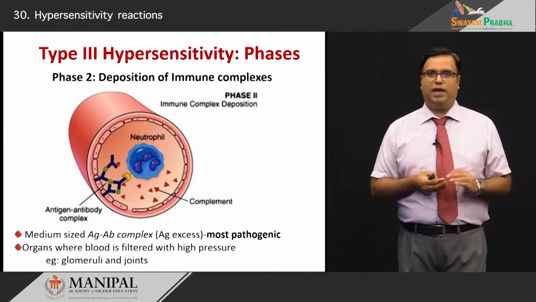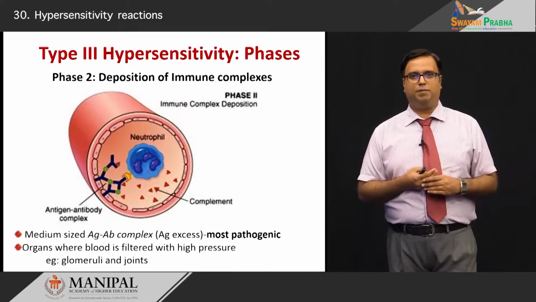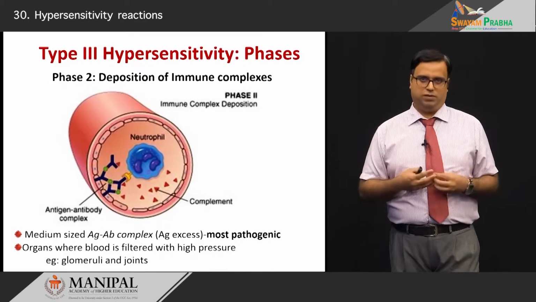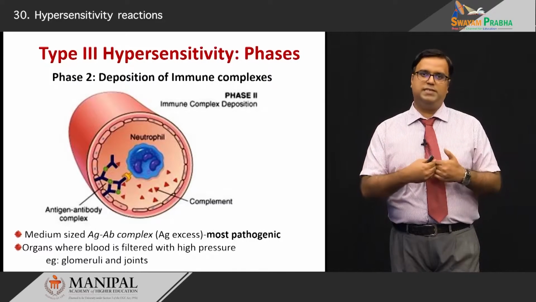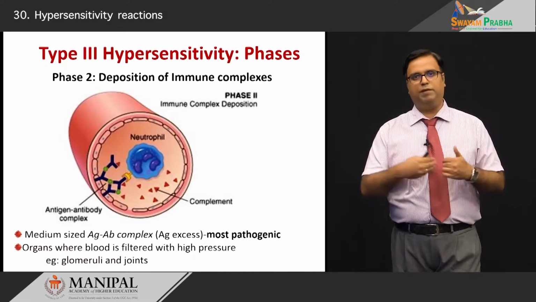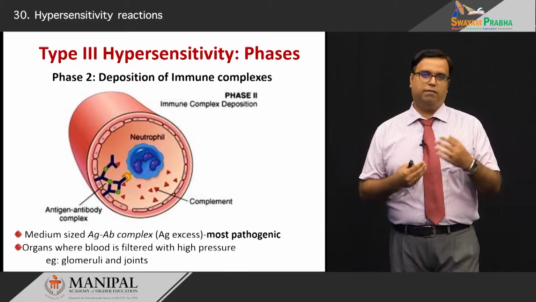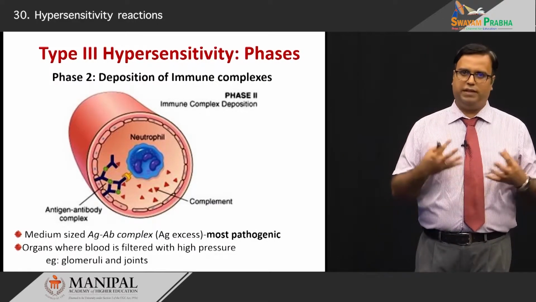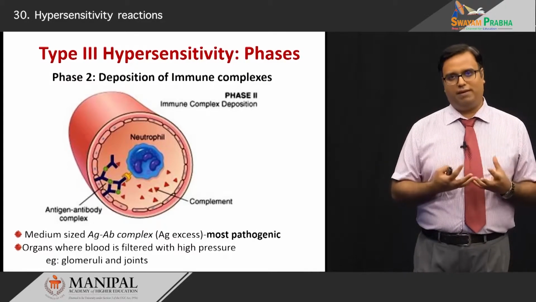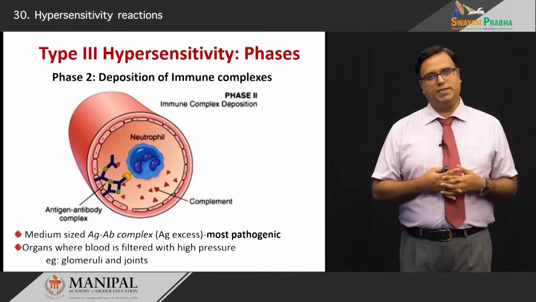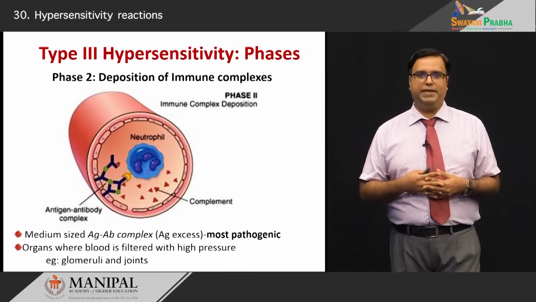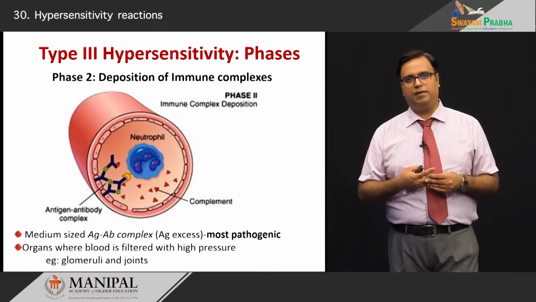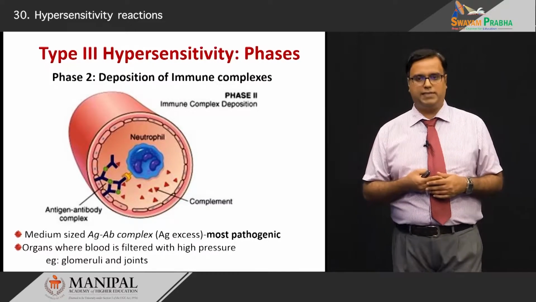Now the type 3 hypersensitivity reaction, if you have seen the earlier examples that one cited, has to do with the organs which filter the blood at a very high pressure, because these are areas or crevices where it can easily develop because of the rapid filtering rate. Now the example that jumps to our mind straight away is the kidneys. The glomerulus, the intrinsic structure is so intricate that you can easily have the immune complexes deposit there, and also the joints, the synovium and the underlying tissue which filters the blood at a very rapid rate is also a site for deposition of ICs.